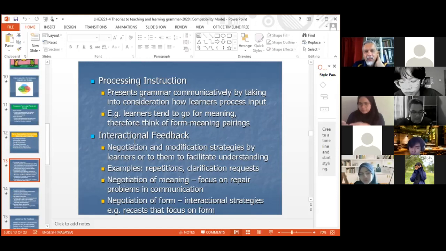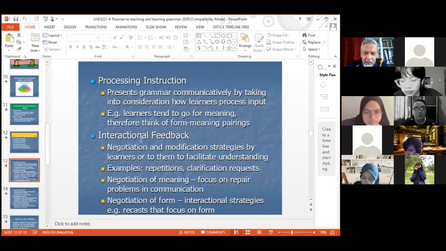Then there's interactional feedback. This is once again an approach or a strategy. It's negotiation and modification strategies by learners or to them, meaning by the teachers to them, to facilitate understanding. In a classroom, we have to be a little bit patient as the teacher.